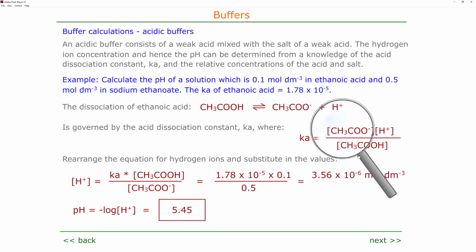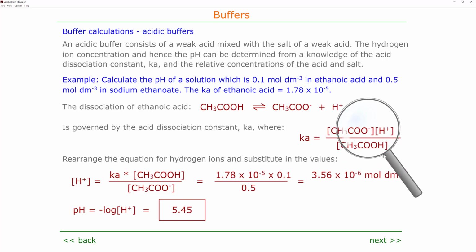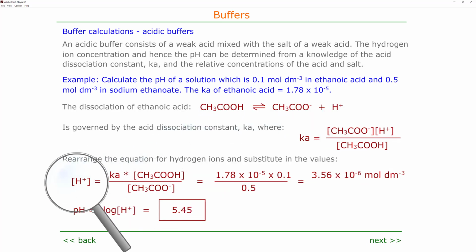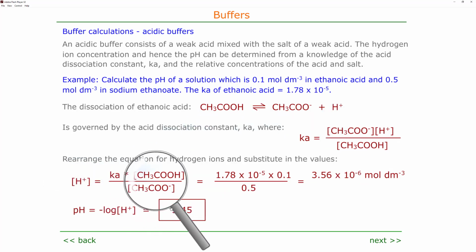Now, of course, because this is a buffer system, the ethanoate ions and the hydrogen ions are not equal in concentration. Don't get confused with this as just simply a weak acid on its own. The ethanoate ions come from the sodium ethanoate that's been added. Okay, so we just rearrange this equation down here. We get H plus is Ka times ethanoic acid over ethanoate ions.